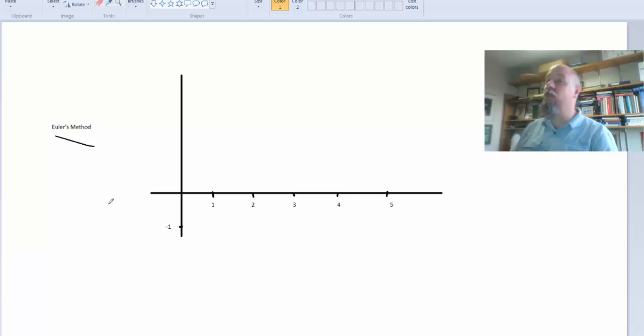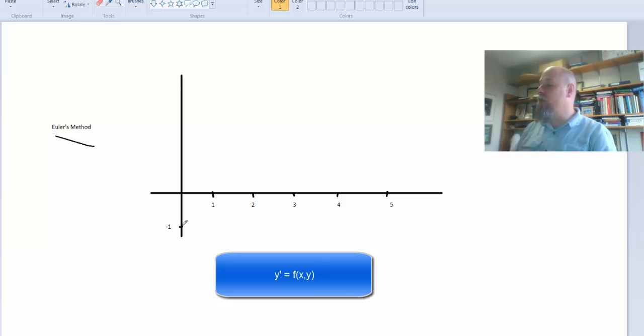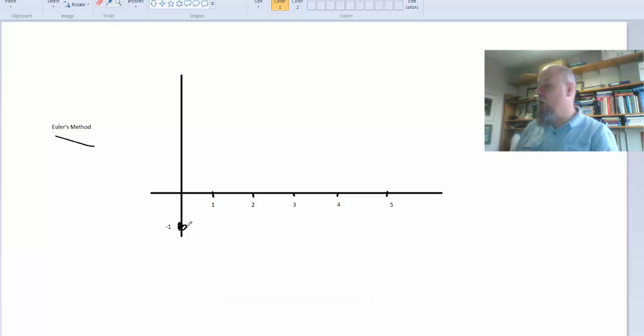So let's say we have a first order differential equation, and I know that the solution to that differential equation goes through the point (0, -1). So I know the curve goes through that point.